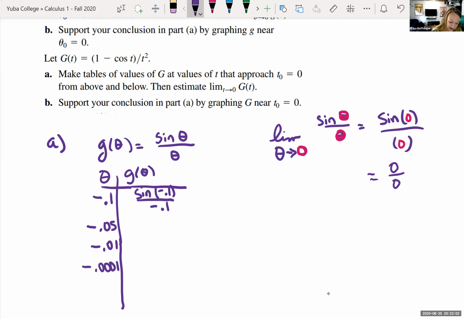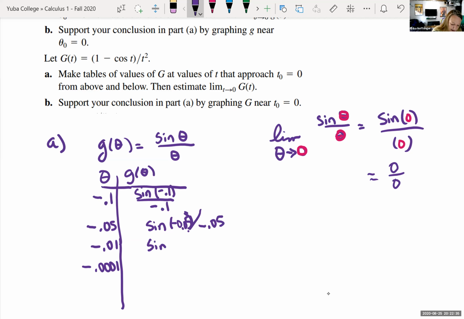It could get tedious, especially if there were more values of theta. So this is where you want to use Desmos, or if you have a graphing calculator, you can plug in your function. You won't be able to use those things on an exam, but for homework and the process of understanding what's going on, you're good for doing that.